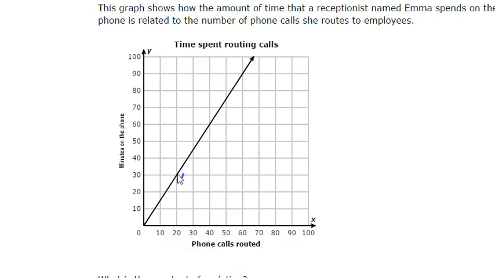And so to get to that point, from the origin, I would rise 30 and run 20, and they're both positive. I'm going up and to the right. So rise positive 30, run positive 20.